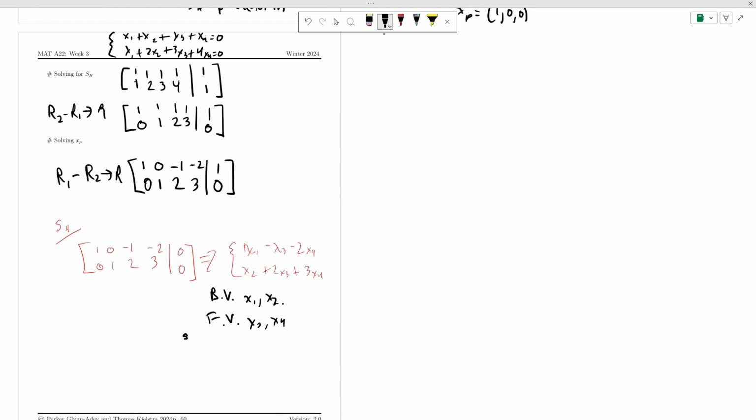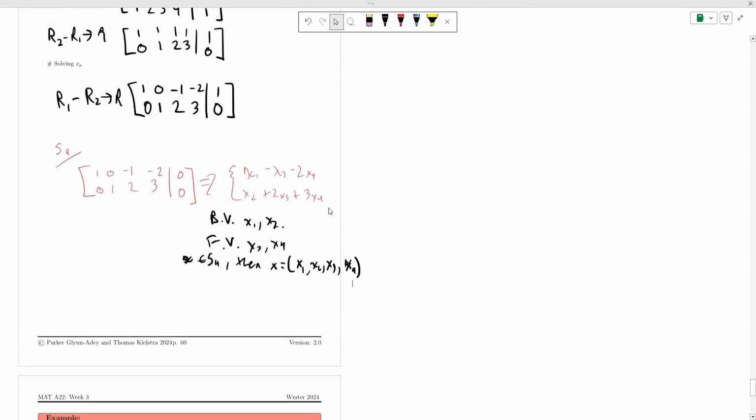And x is in my solution space to my homogeneous. So it's equal to the vector x1, x2, x3, x4.